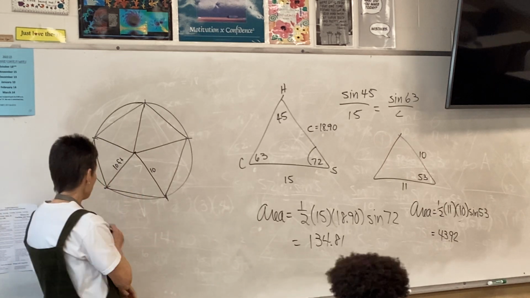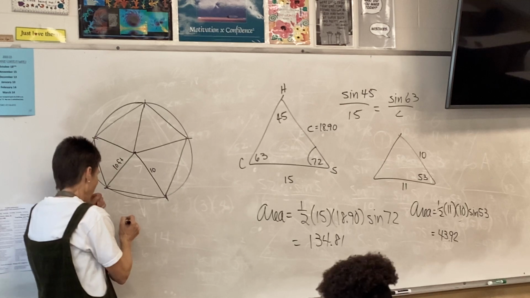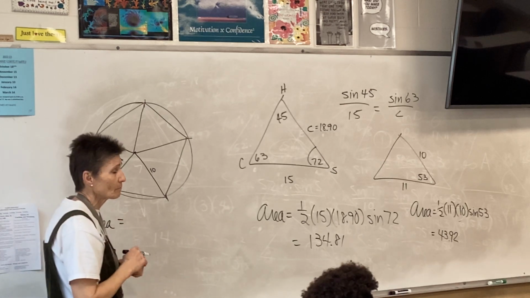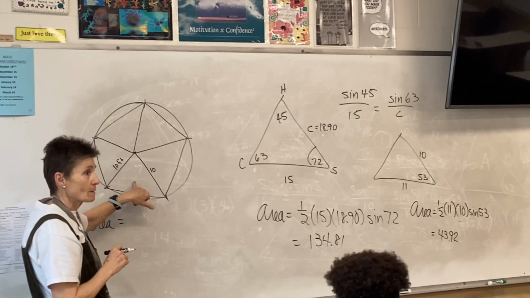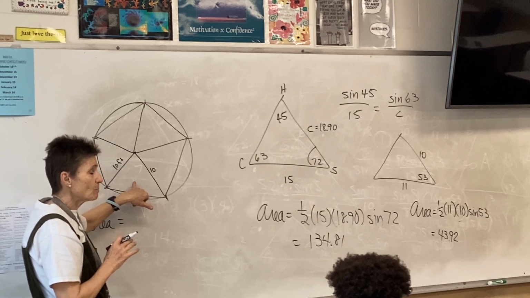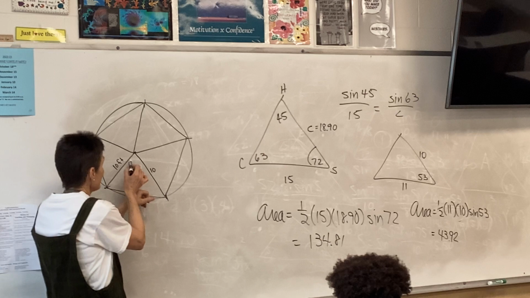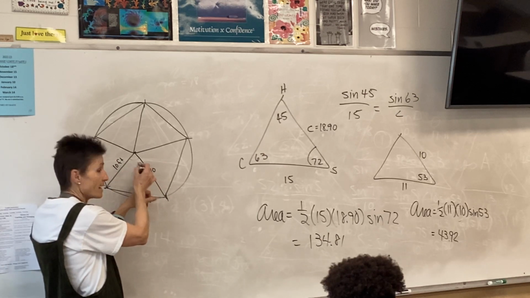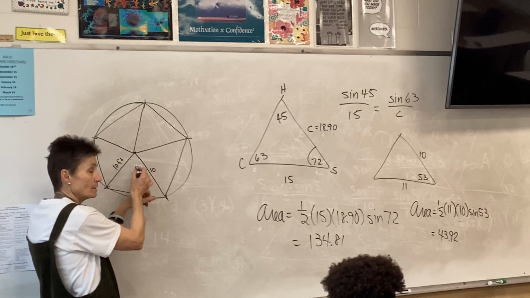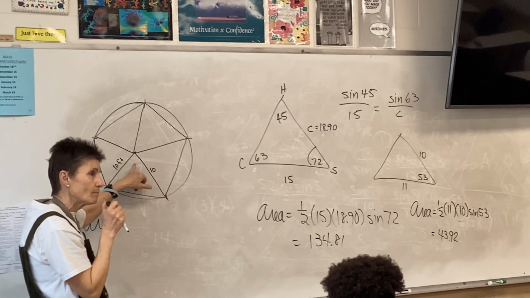My job is to find the area. See this little triangle right here? Everything would be perfect if I knew this angle, because then I could do 1/2 side, side, sine. Do I know that angle?